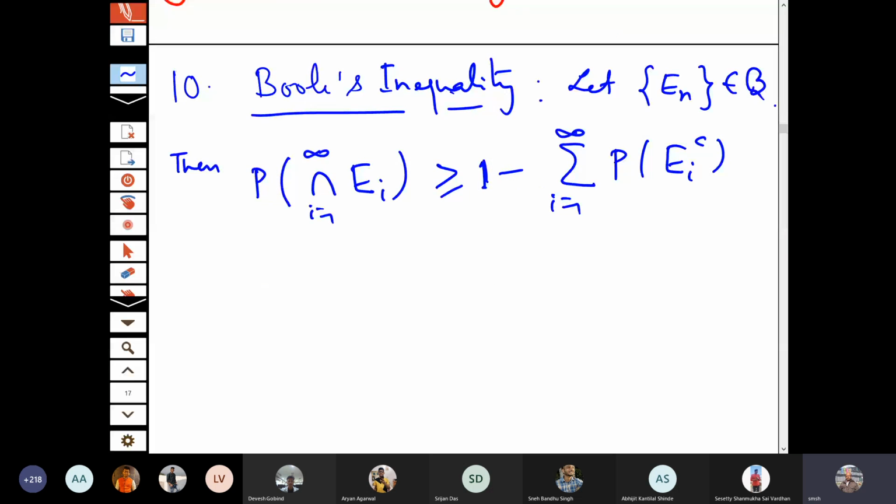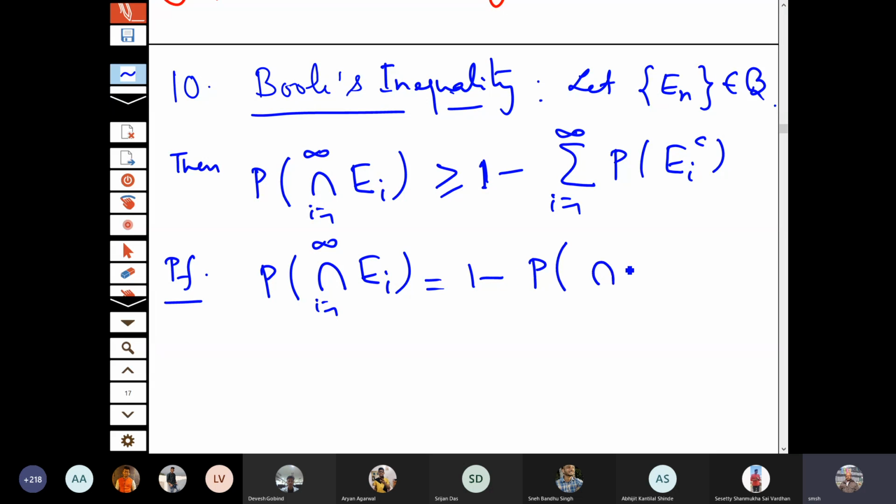So let me prove this one. Of course, the proof is very simple because you already have the available tools with you. The probability of the intersection of Ei, i equal to 1 to infinity, is equal to 1 minus the probability of the union of Ei complement. Here you can apply De Morgan's laws.